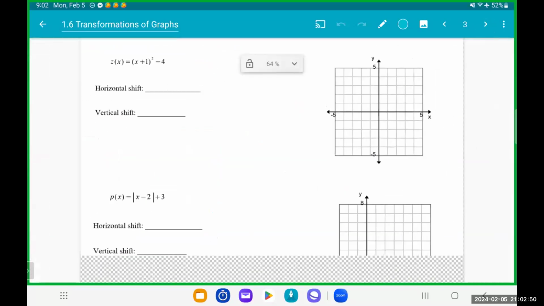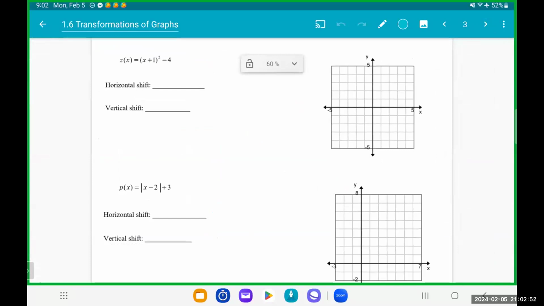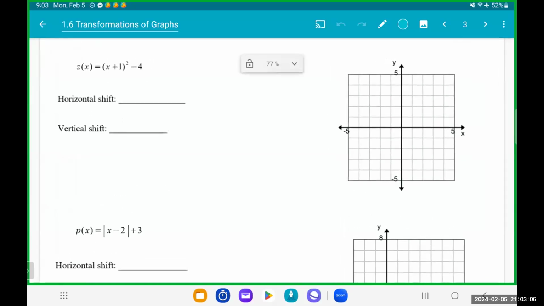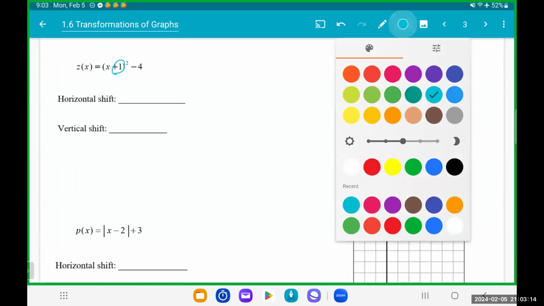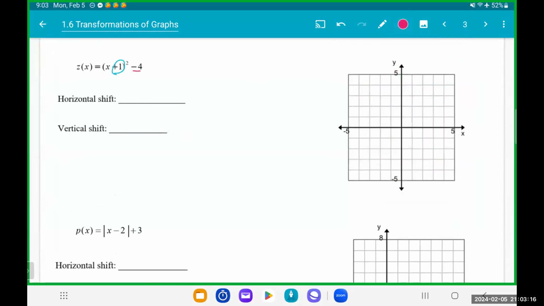All right. So let's look at a couple of examples here. We won't spend a whole lot of time on these. But when we're looking at this and we want to determine, we have y equals (x plus 1) squared minus 4. So we can tell our horizontal shift and our vertical shift, right?